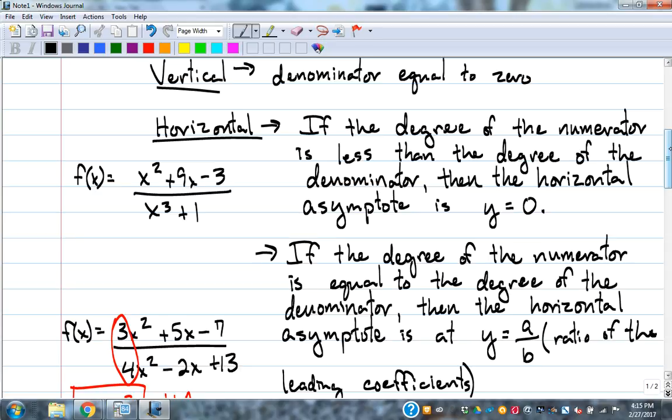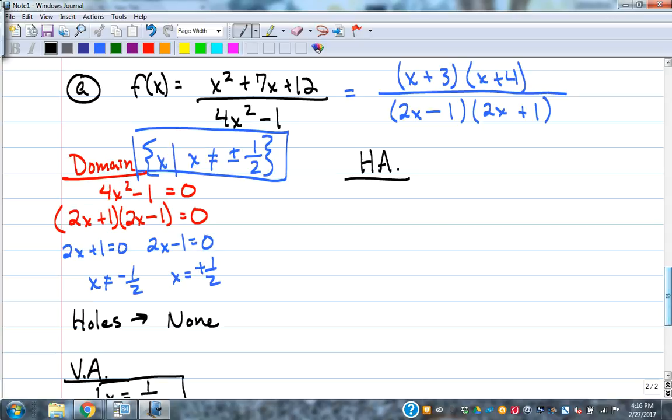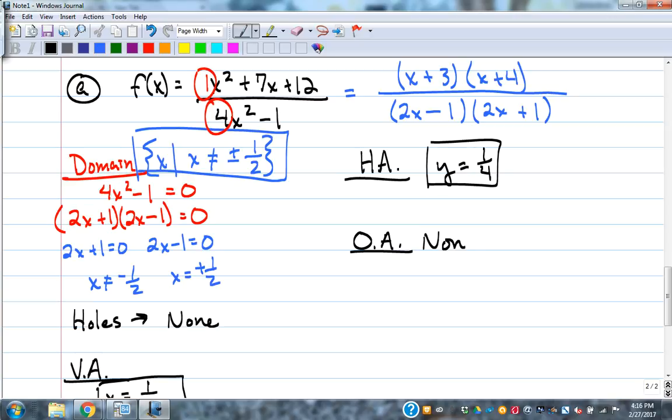Let's look at our problem. Our problem had leading coefficients of 1 and 4. It'd be y equals 1 over 4. That's where that's coming from, right? The 1 from the numerator, the 4 from the denominator. Okay. If we have a horizontal asymptote, what does that mean about obliques? There's not one. Never will be one. Oblique asymptotes, none. Okay.